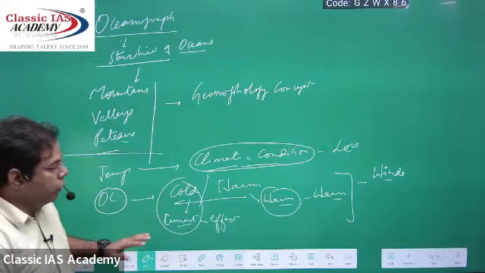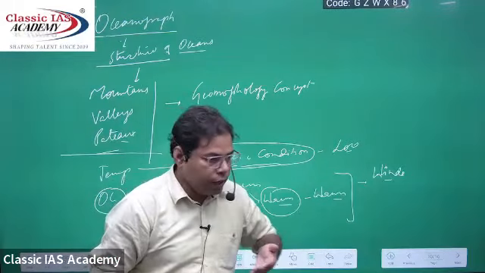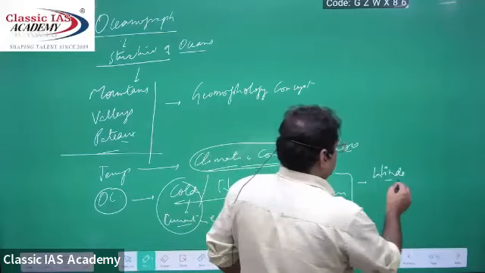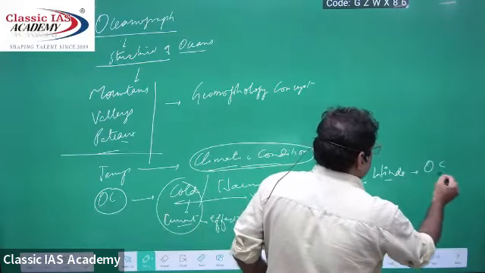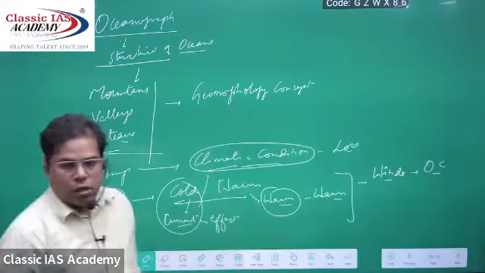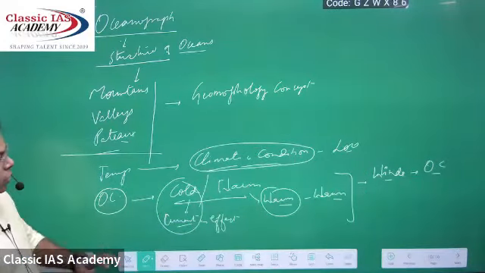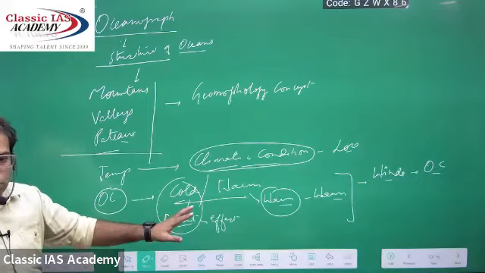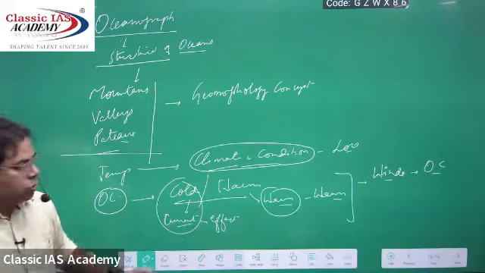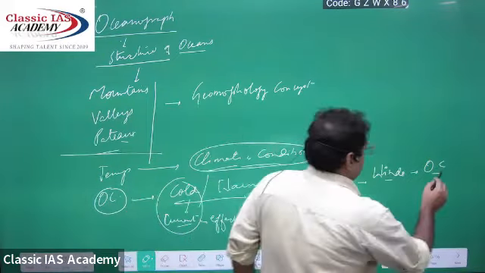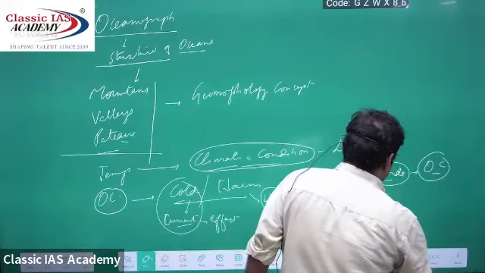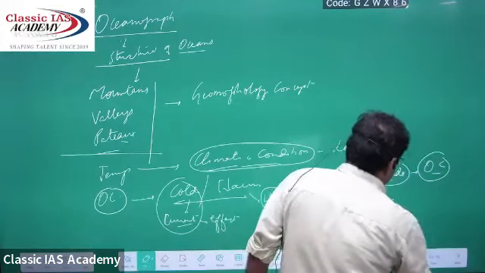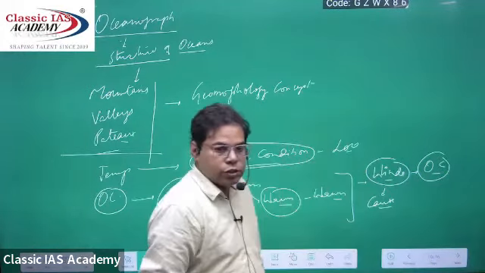So wind blowing over the sea surface drags the water away and is responsible for the formation of ocean currents. Getting it or not? Winds are the factor for the origin of ocean currents. So this is again the cause: wind is a cause for the origin of ocean currents.